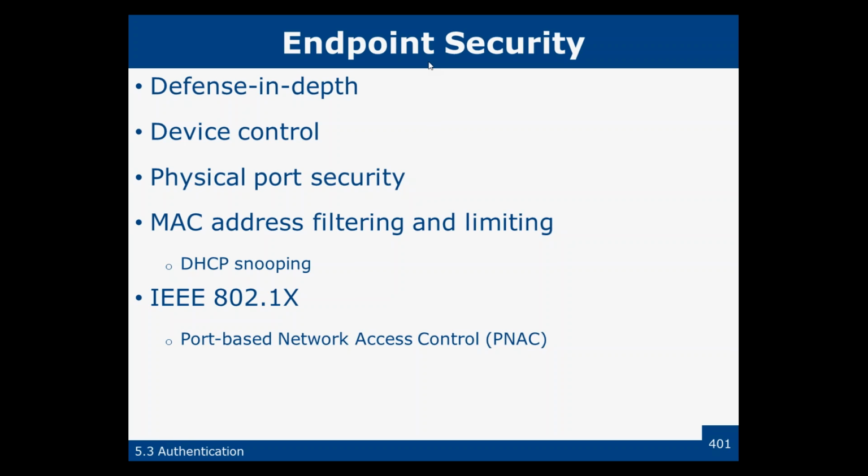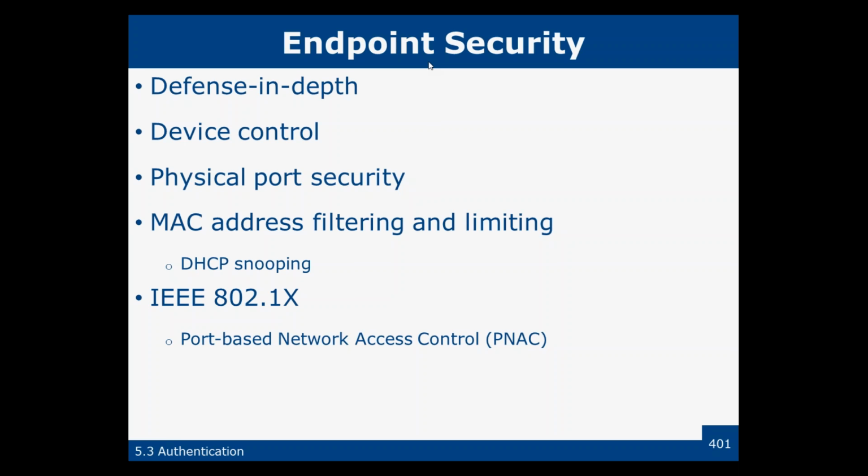We have filters on the filtering routers on the VLANs, and then one of the last things we're going to do is put security on the endpoints. So we're going to have endpoint security in the defense in depth.